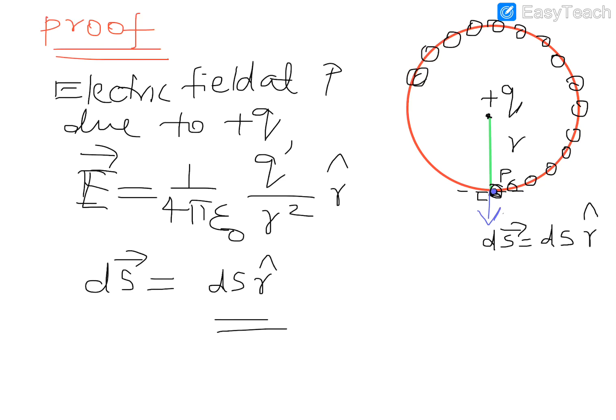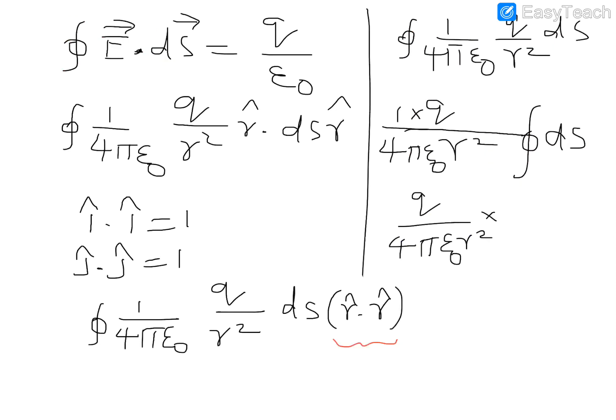On this screen it looks like a circle, but actually in 3 dimensions it is a sphere. So if you consider all such ds and add all those small portions, what will you get? You will get the surface area of the sphere of radius r. What is the surface area of a sphere having radius r? It is nothing but 4 pi r square, isn't it?